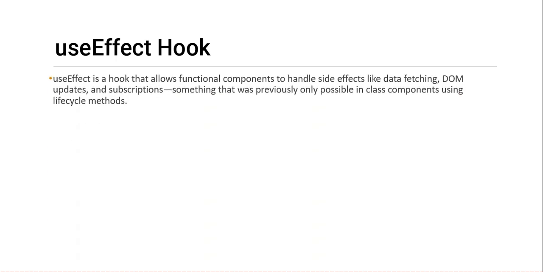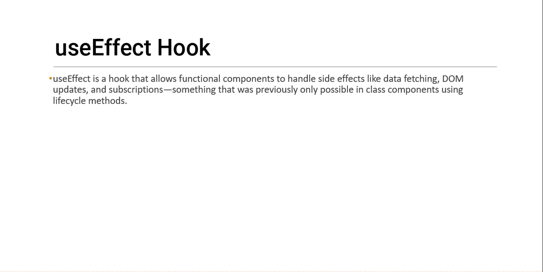The useEffect hook allows functional components to handle side effects like data fetching, DOM updating, and subscriptions, something that was previously only possible in class-based components using the lifecycle methods. In class-based components, there are a couple of lifecycle methods, like componentDidMount and componentDidUpdate.